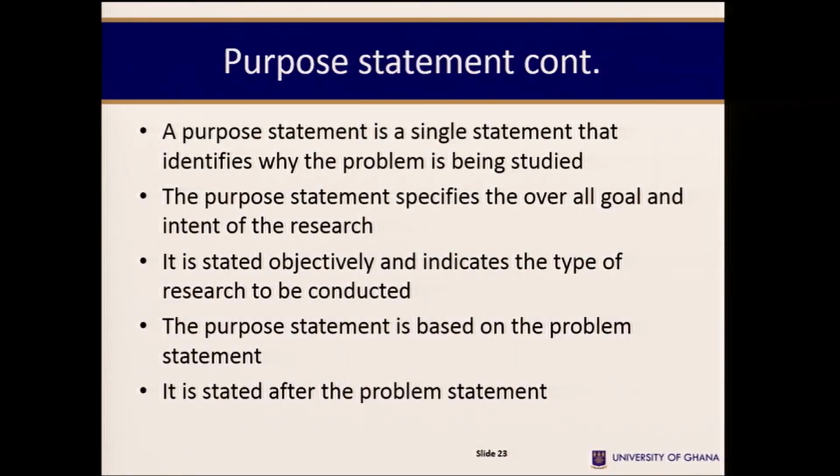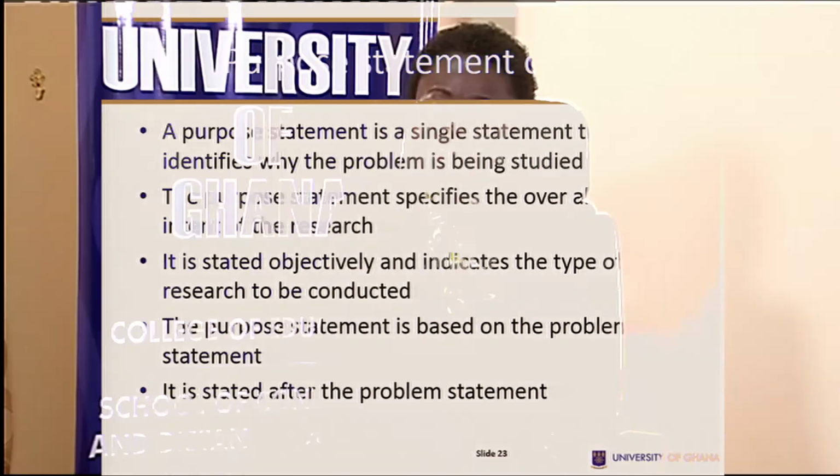So a purpose statement is a single statement that identifies why the problem is being studied. Now let me compare that again to the problem statement. Problem statement is a combination of significant reasons why you must do the research. Purpose statement is a single statement that explains why the research is important.